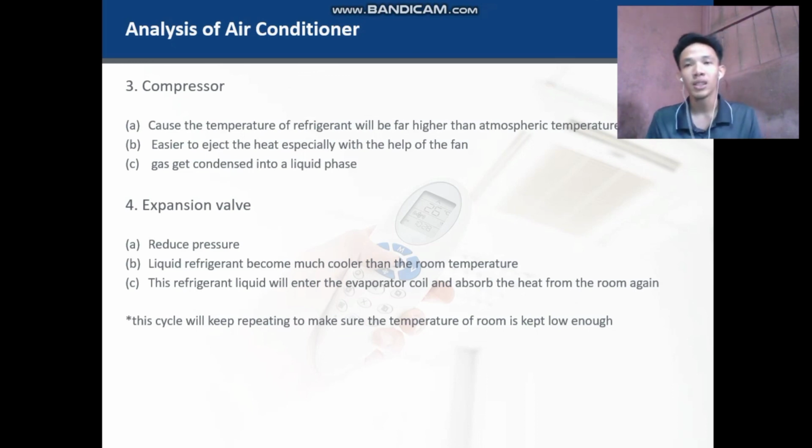This refrigerant liquid will then enter the evaporator coil again and absorb the heat from the room again. This cycle will keep repeating to make sure the temperature of the room is kept low enough. So that's all from me. Thank you.